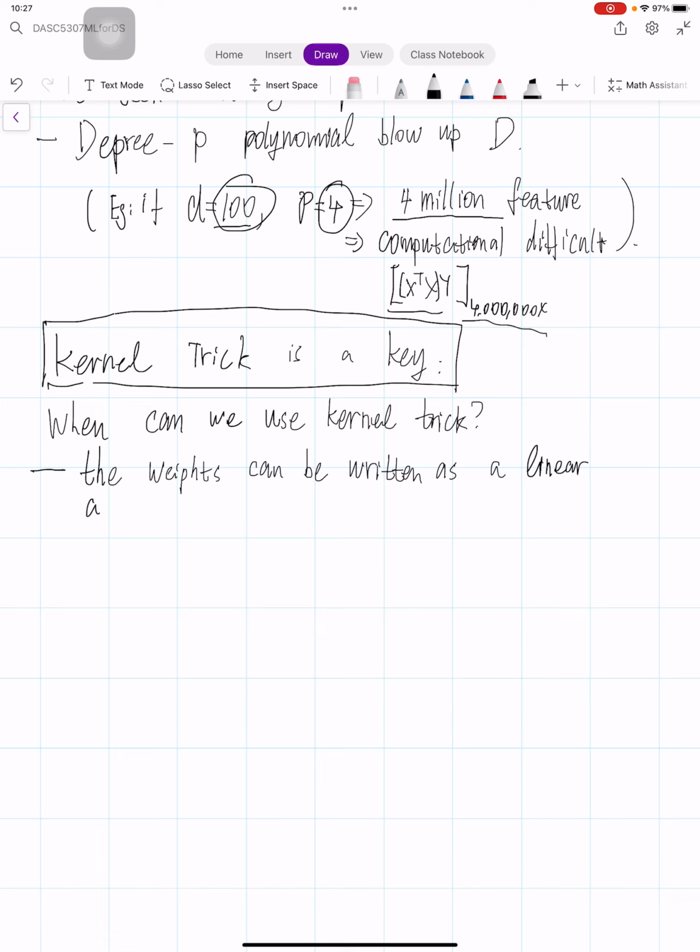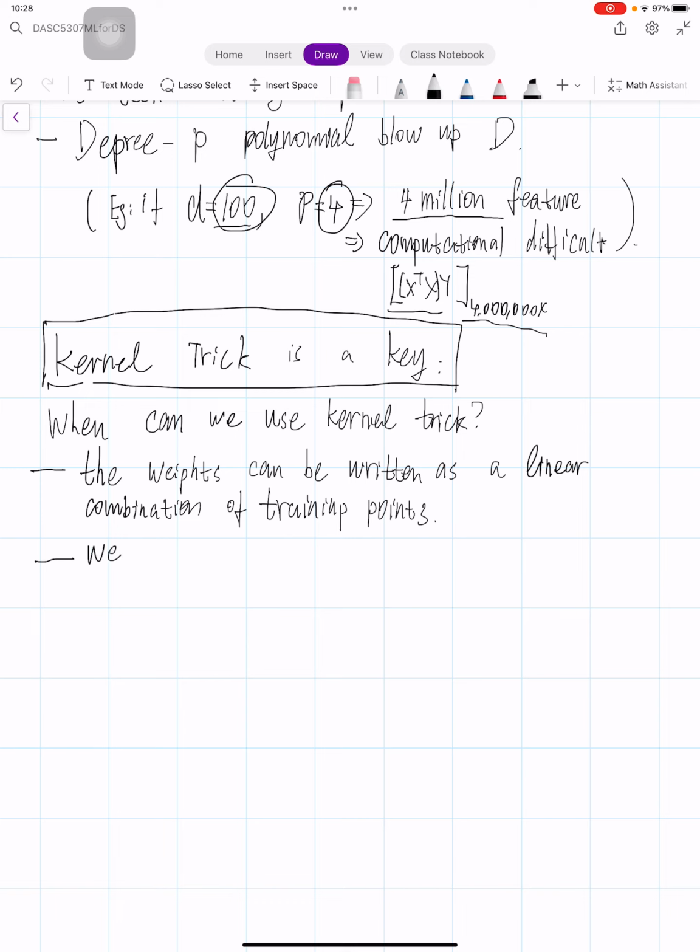Combination of features of training points. Second, we can use inner products.